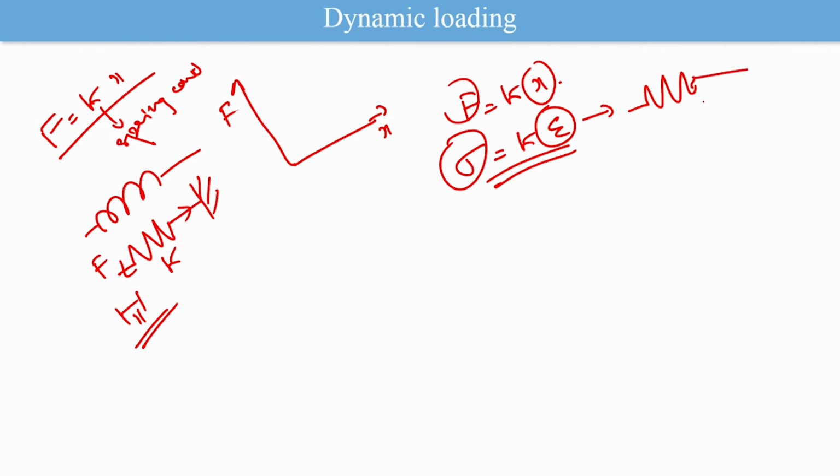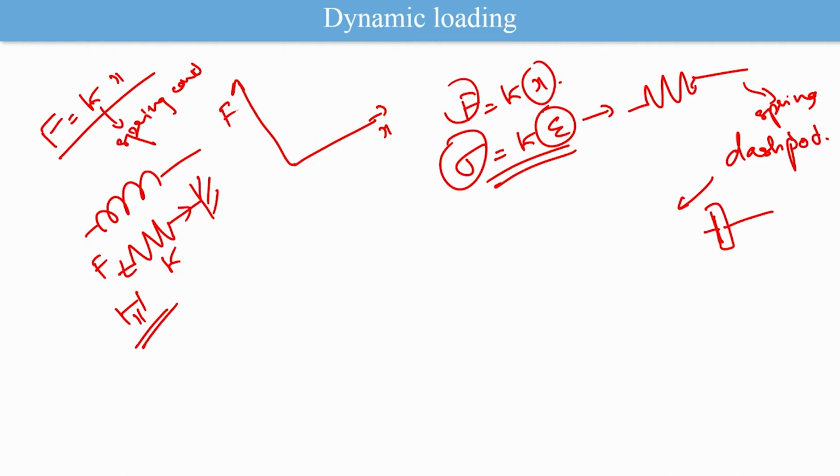Any material can be represented as a combination of springs as well as something called a dashpot. A dashpot, or a damper, this kind of mechanism is always used in electrical models also.